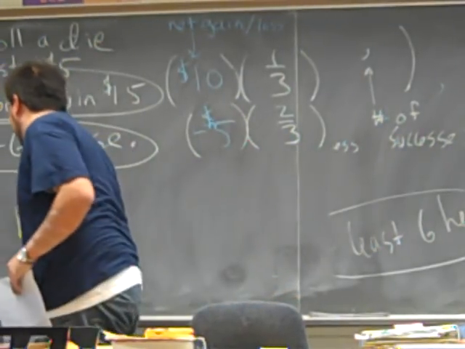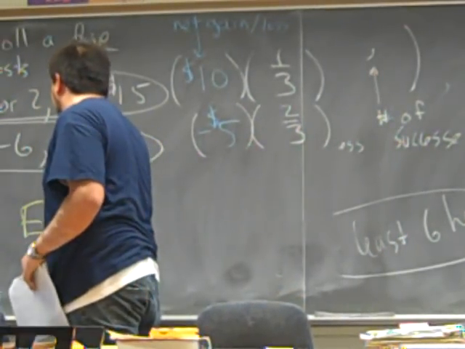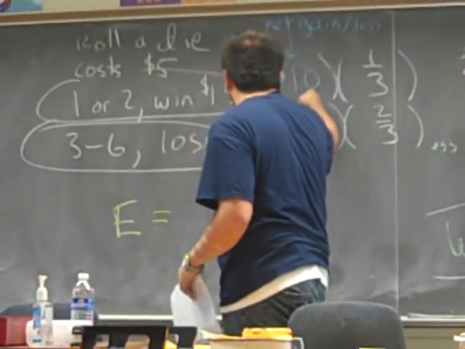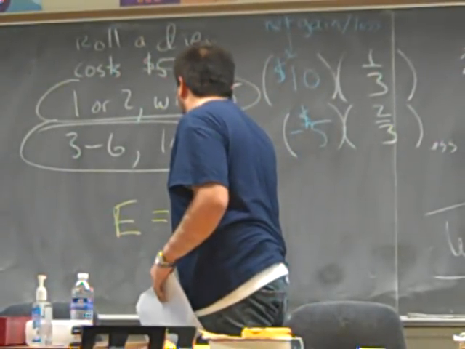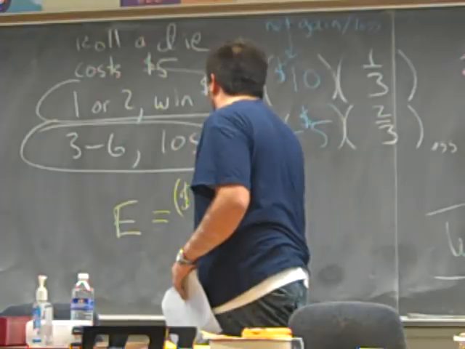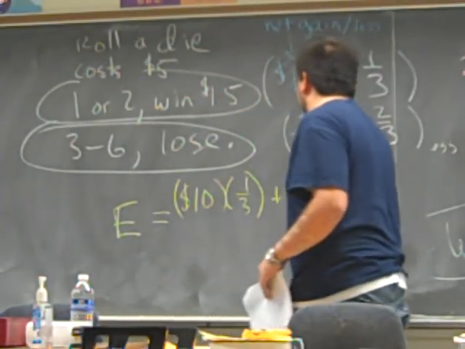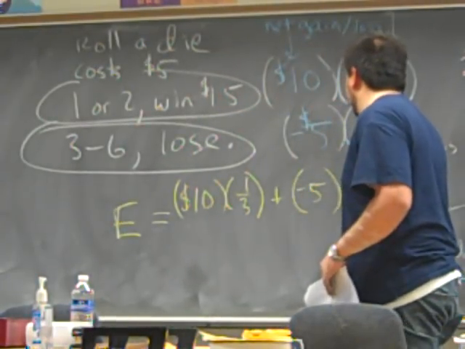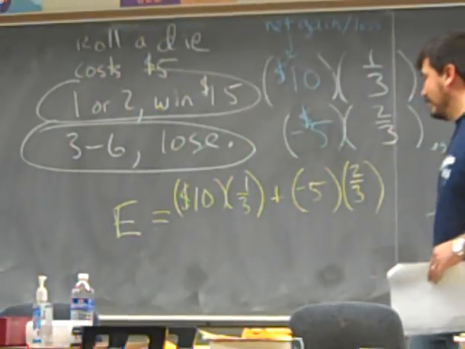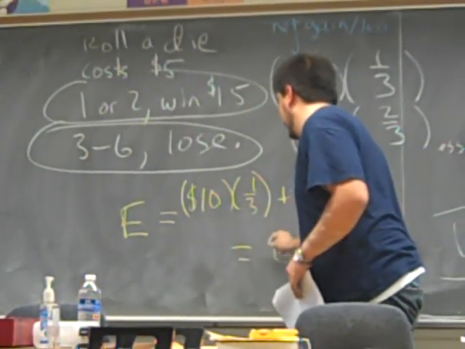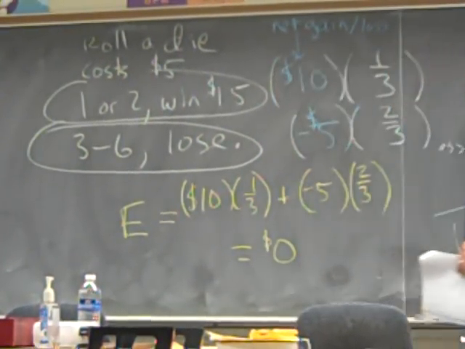The expected value is simply going to be these two added together. So $10 times 1/3 plus -$5 times 2/3. Oh wow, it is 0. Perfect game. This is what we call fair. Is it really? It is.